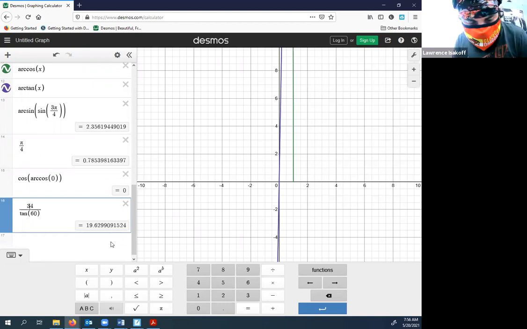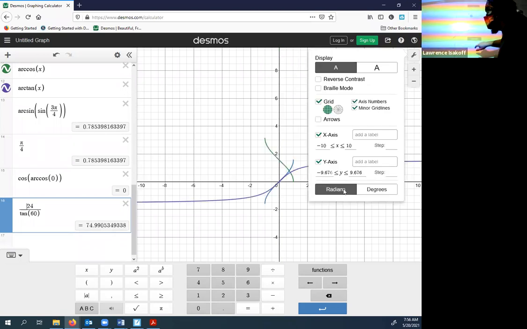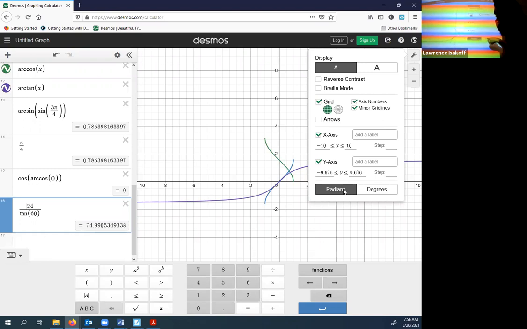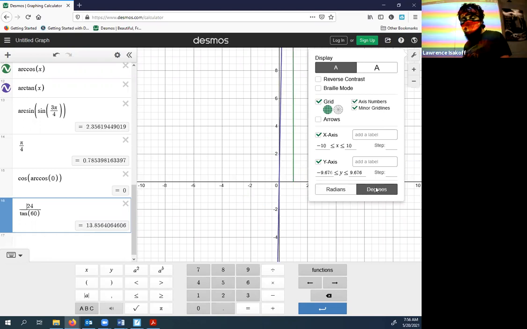I was about to say being 19 feet away didn't seem, well, that's still kind of far away, but being a little less than 14 feet definitely seems a little more reasonable than the other way. If you aren't in the right mode, if we're in radians, yeah, so somebody in the chat did put the answer as 74.99. My suspicion was right. They were working in radians. We just need to hit the wrench and flip it over to degrees.